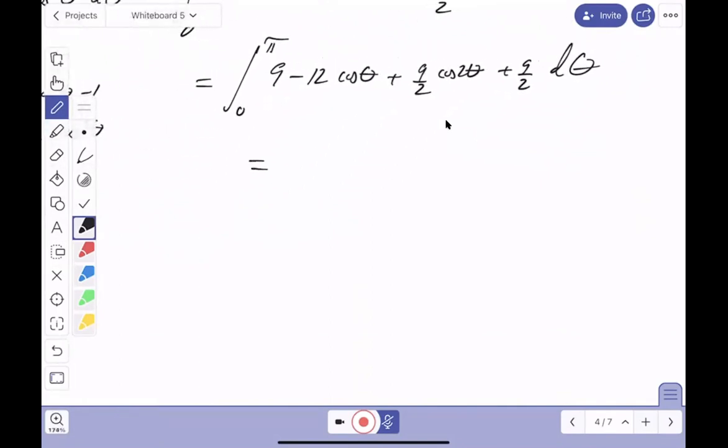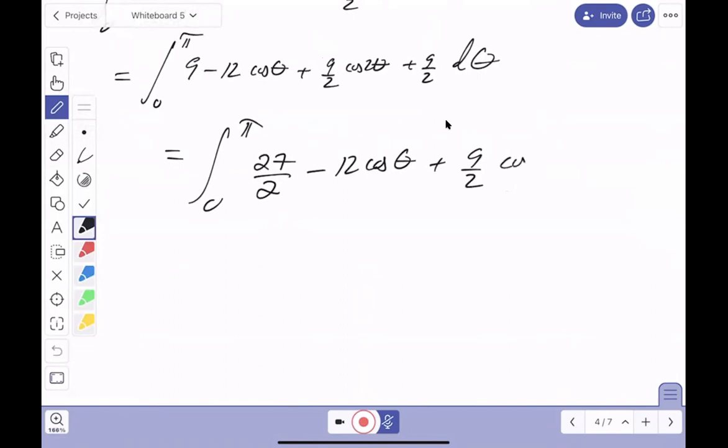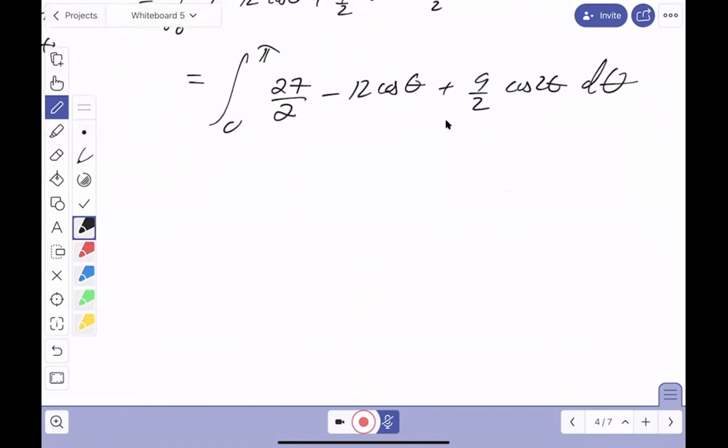All right, let's keep going. 0 to pi, do my integrand. 9 halves plus 9. Well, it's going to be 18 plus 9, 27 halves, minus 12 cosine theta plus 9 halves cosine 2 theta d theta. Let's do integrations and then we'll pop the numbers in.